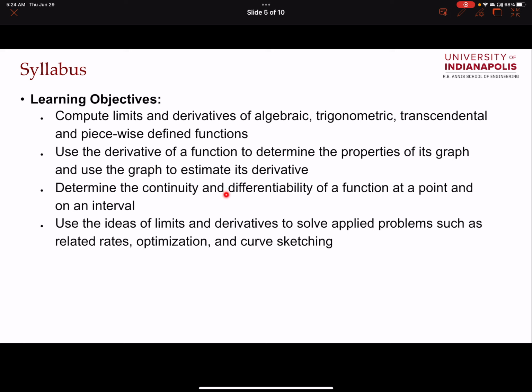Determine the continuity and differentiability of a function at a point and on an interval. Use the ideas of limits and derivatives to solve applied problems such as related rates, optimization, and curve sketching. Those are the things that you should be able to do at the end of this course.